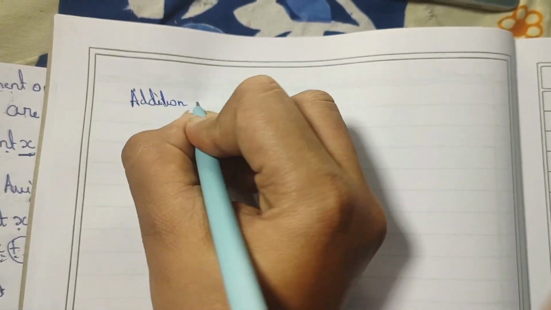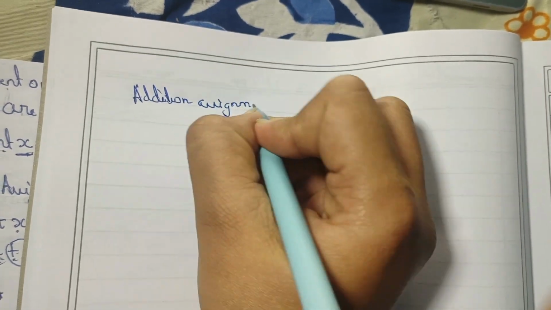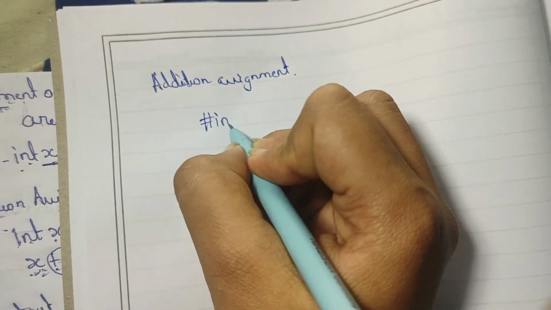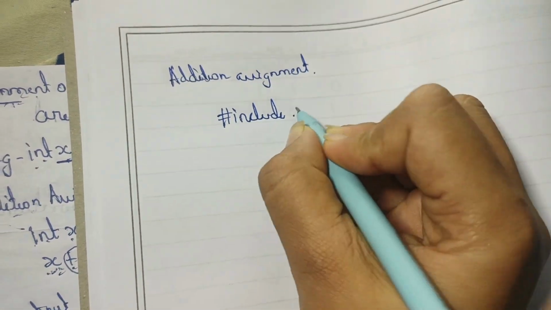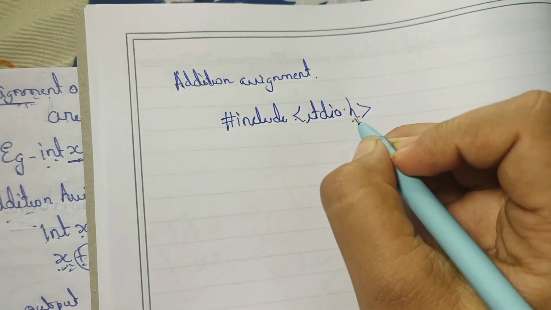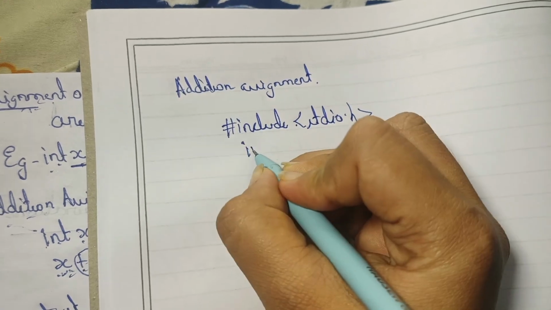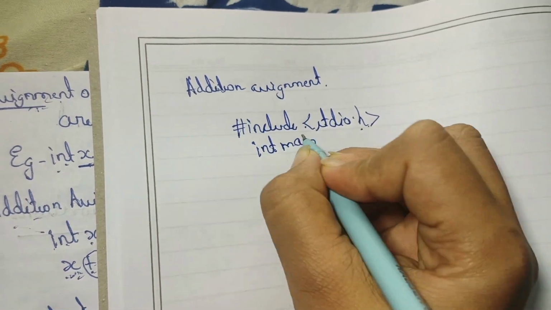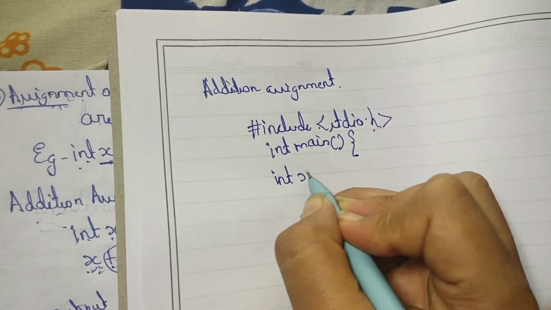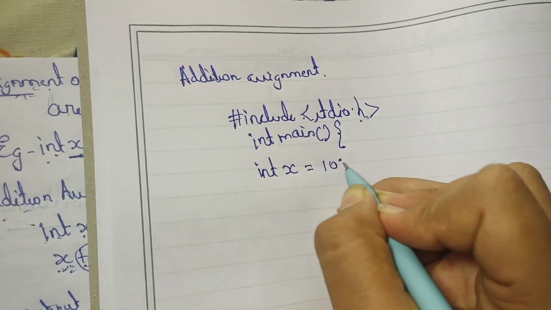See, the program for addition assignment. You have to write include stdio.h, which is known as a preprocessor directive, to import printf, and the main function, int main, open the curly braces. Then you have to declare the variable and assign the value.